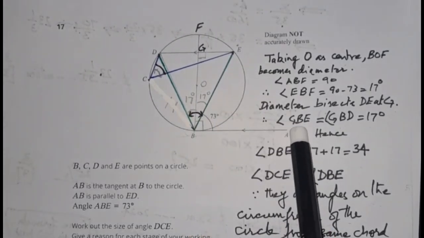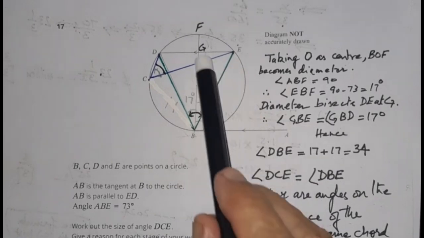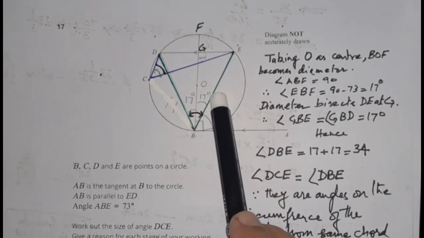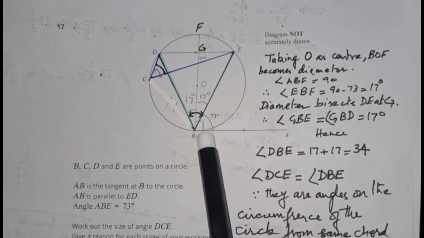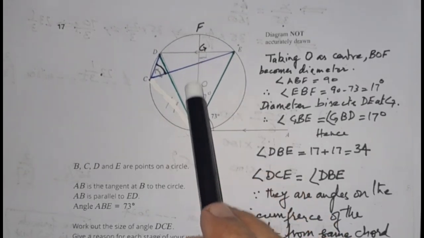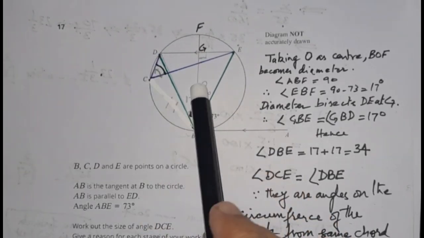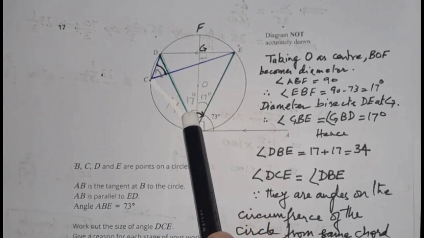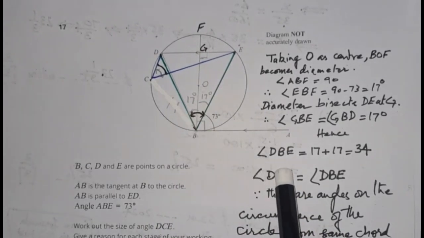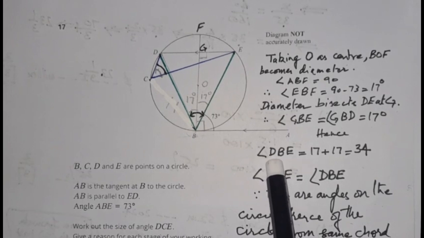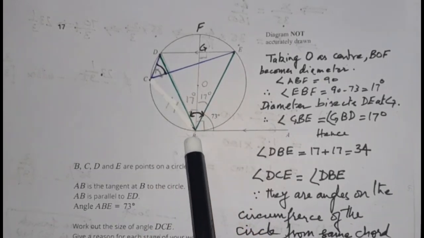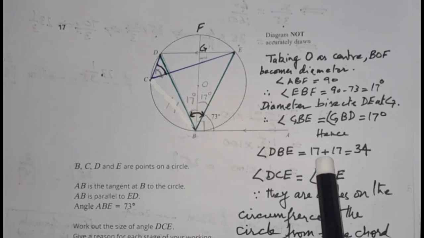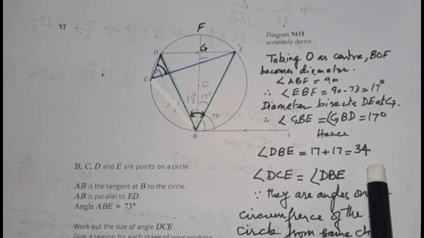So angle GBE also becomes equal to angle GBD, and that also becomes equal to 17 degrees. That means that angle DBE becomes 17 plus 17 equal to 34 degrees.